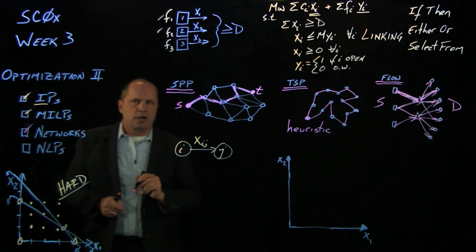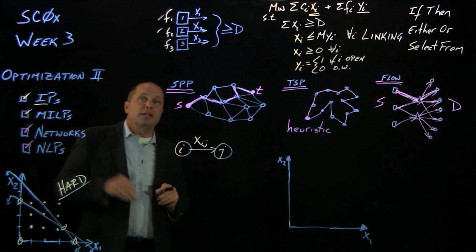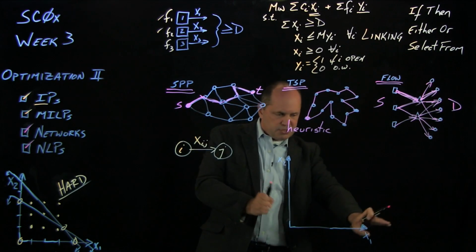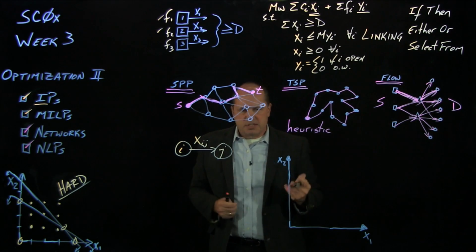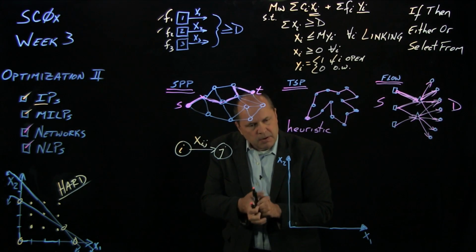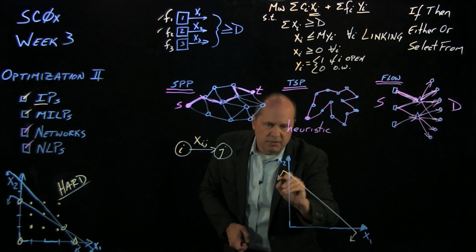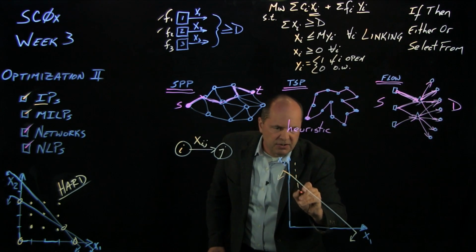The last thing I want to talk about in this lesson for this week is nonlinear programs. So again, down here we've got the classic decision variables x1 and x2, and so we want to solve this, and we could have even a constraint that looks something like this that's linear, right? But what if my objective function is nonlinear?